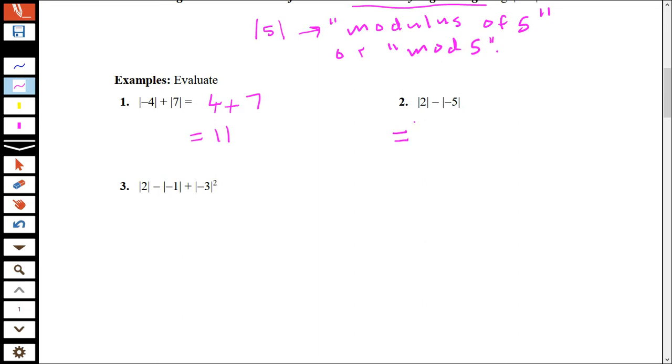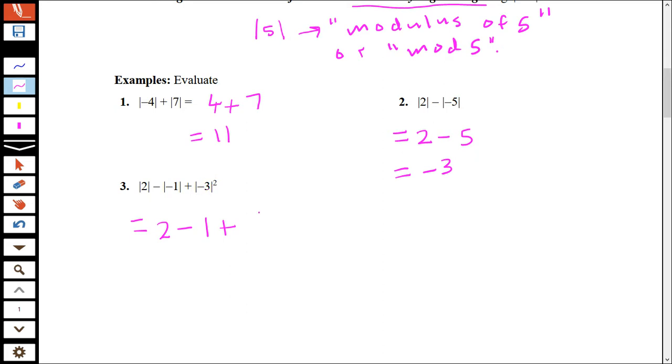Over here we've got absolute value of 2 is just 2, minus absolute value of negative 5 is just 5. Okay, so it's negative 3 is your answer. And last of all, absolute value of 2 is just 2, subtract absolute value of negative 1 is just 1, plus, now this is the absolute value of negative 3 squared.